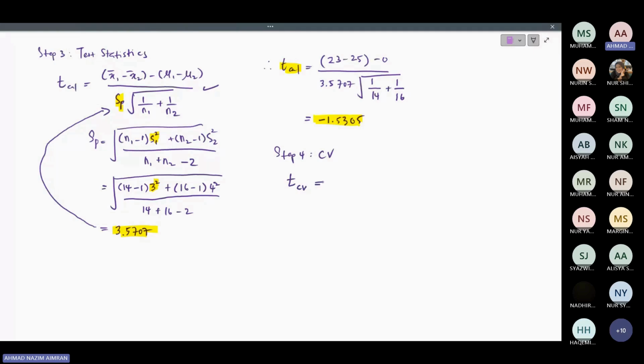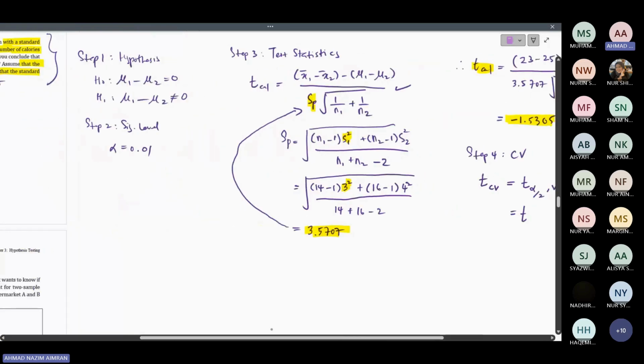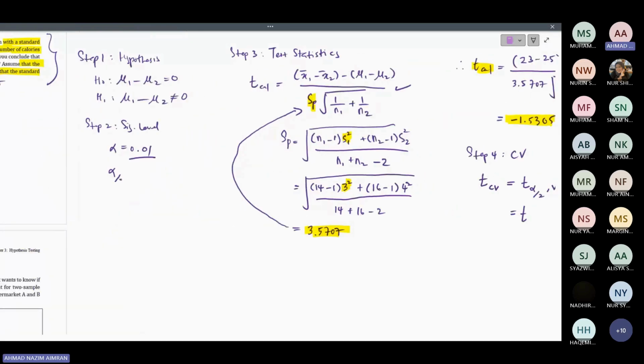The T critical value is T alpha over 2, and the degree of freedom is n1 plus n2 minus 2. What is our alpha? Alpha is 0.01 and alpha over 2 is equal to 0.005.